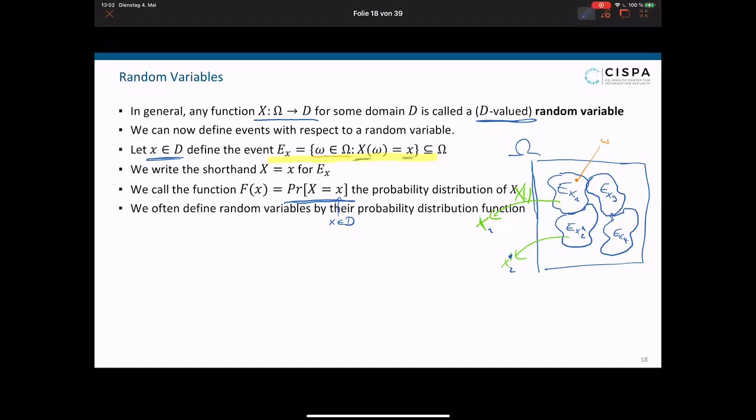Typically you see this once so that you have a proper formal definition, in case you wonder something about random variables, then you can go back to it. But in everyday life, we're never going to use this formal definition. We will just define random variables by their probability distribution function. And everyone does this. So this is the formal definition. Now you know it exists. We probably won't ever use it again.